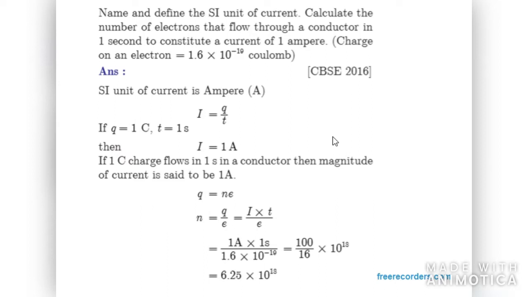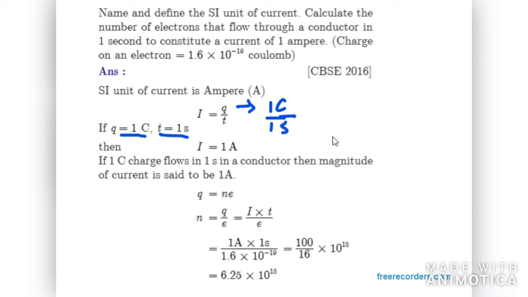These all SI units are very important in terms of board and you have to remember the definition of all as well. So I, as you know, is Q over T, where Q is in coulomb and time is in seconds. Therefore we have 1 coulomb charge flows in 1 second in a conductor, then it is said to be 1 ampere.